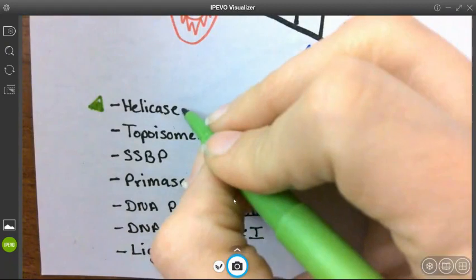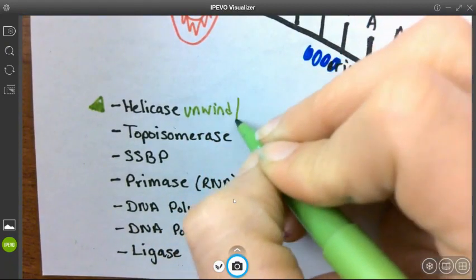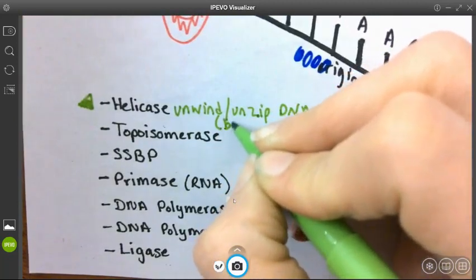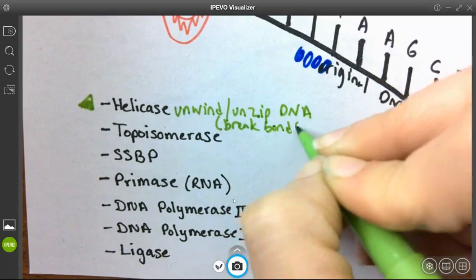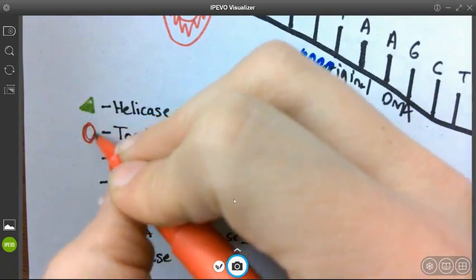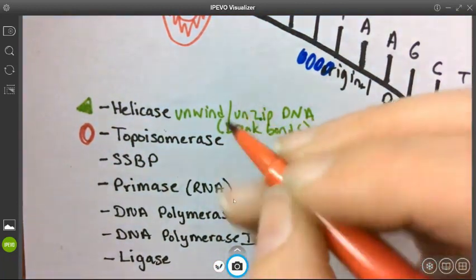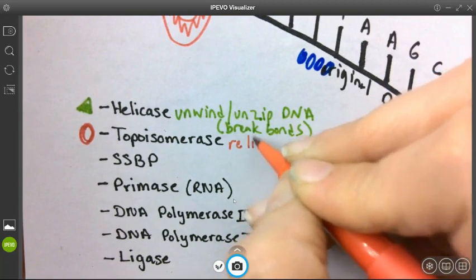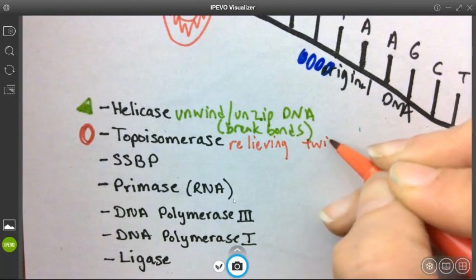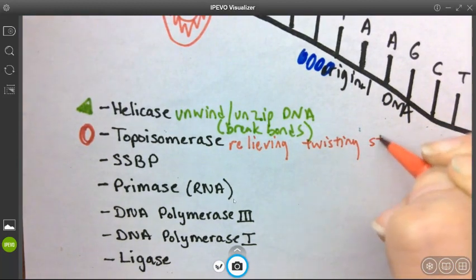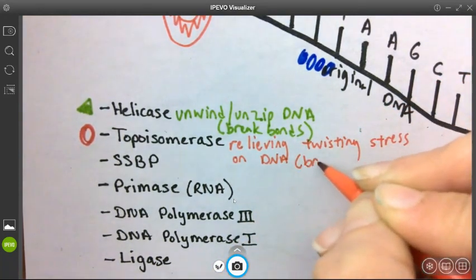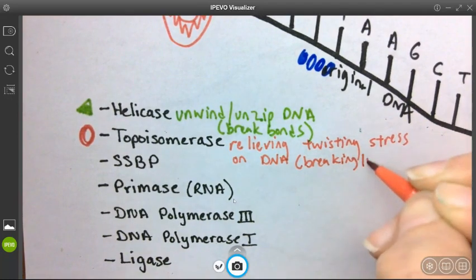So helicase unwinds and unzips the DNA. It breaks the hydrogen bonds between the nucleotides. Next, we have this topoisomerase right here. And topoisomerase is responsible for relieving the twisting stress by breaking and rejoining it.